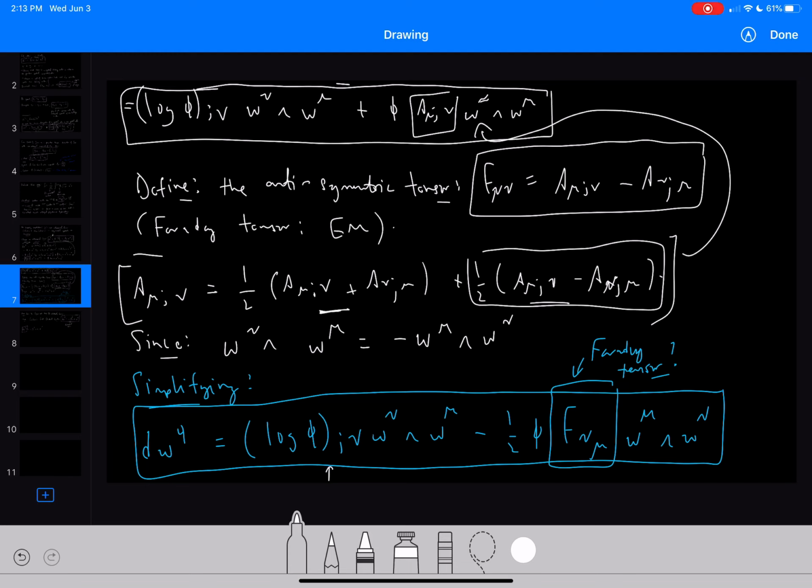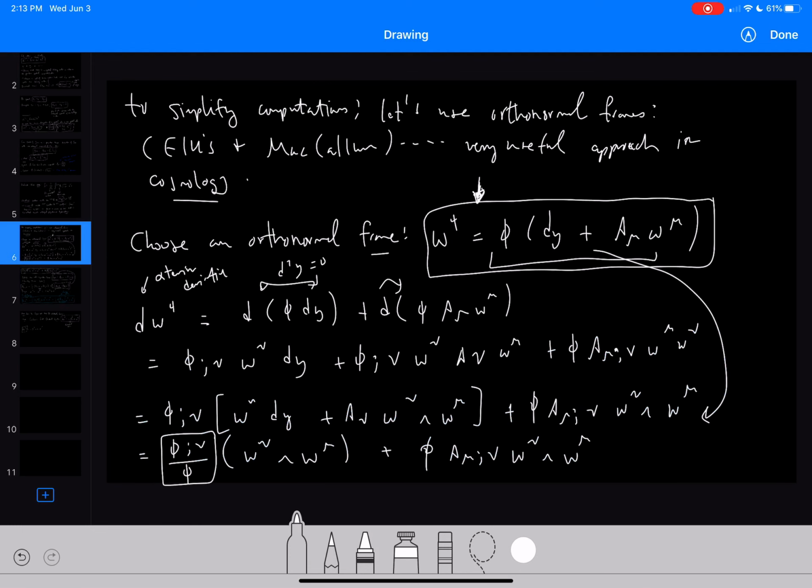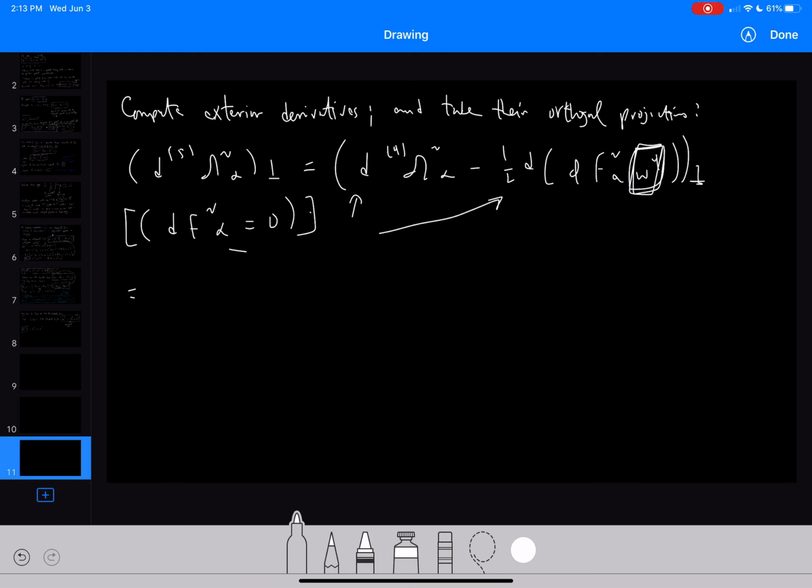So any expression that has a d omega 4, I will bring in from here, and any expression that has an omega 4, I will bring in from here. So upon using previous expressions for omega 4 and d omega 4 in particular, we get that this is equal to the following expansion, right?